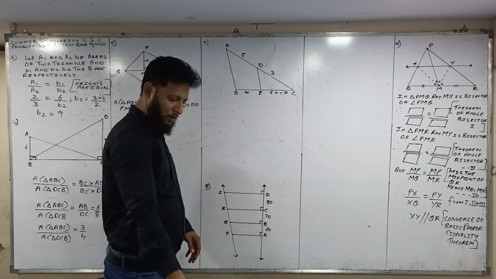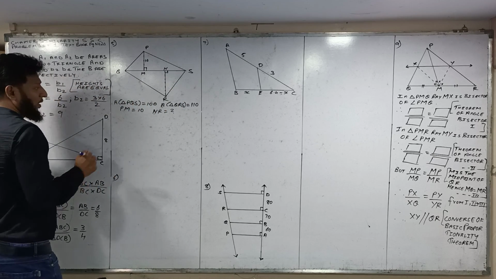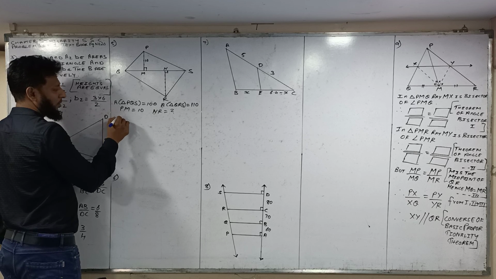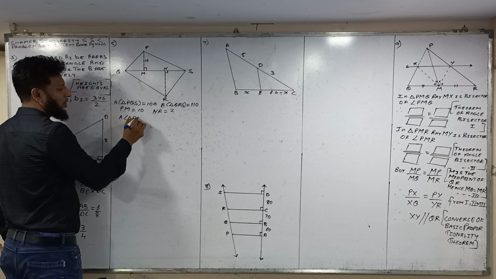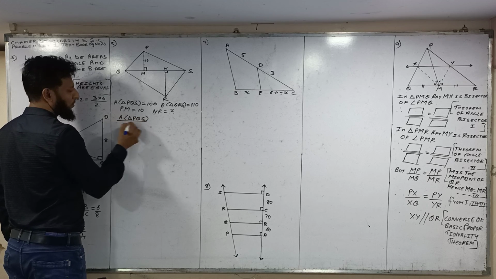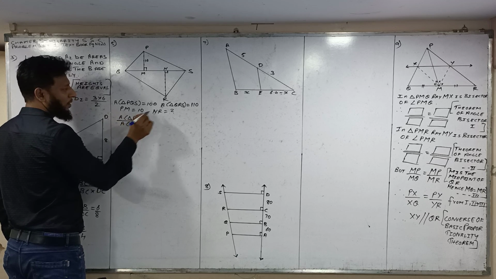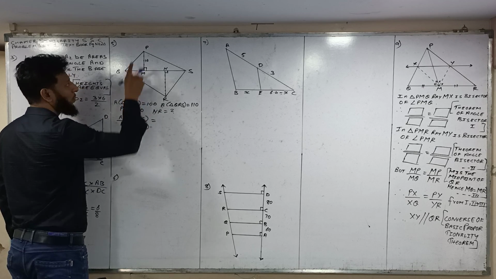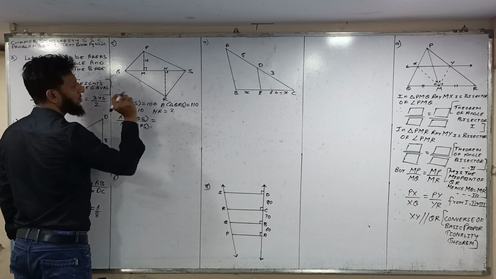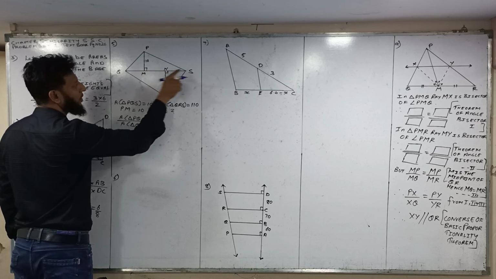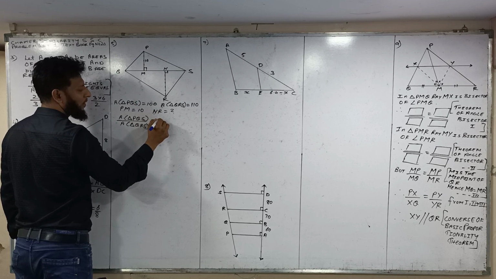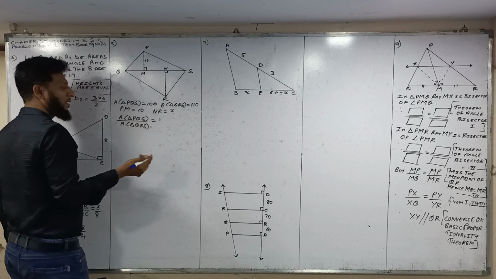Okay, continue. So now areas are proportional to their base and height. Okay, so in triangle, area of triangle PQS upon area of triangle QRS. Okay, so PQS, QS is the base, RQS, QS is the base. So when the bases are equal, if you want to write the base and then cancel, it's okay.